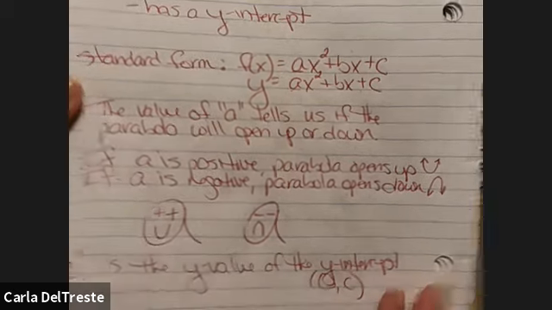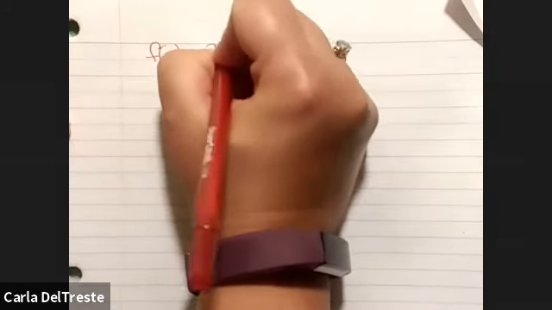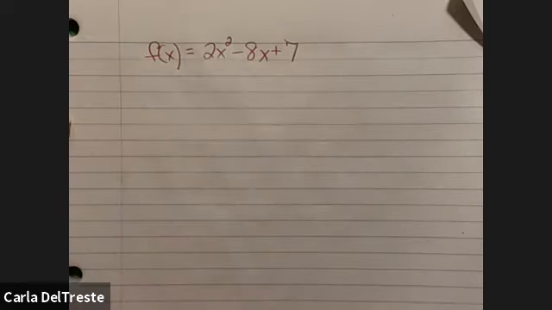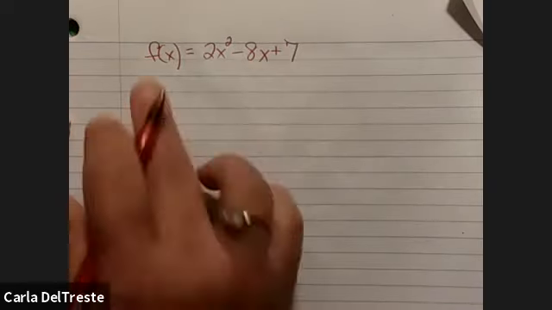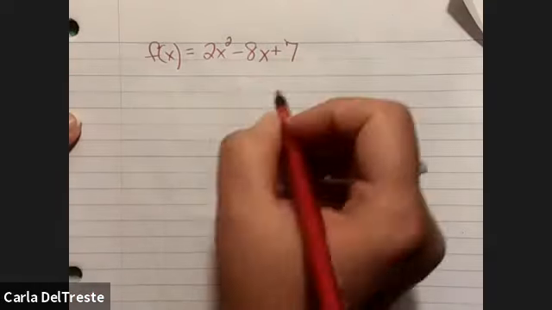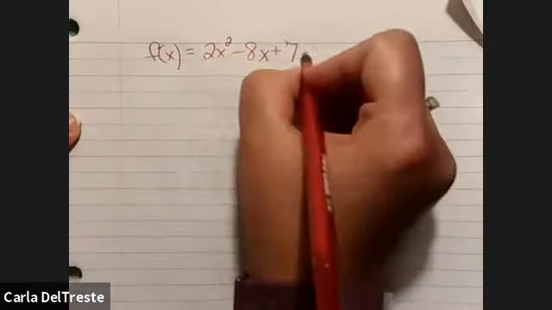So let's do a couple quick examples. Let's say we have f of x equals 2x squared minus 8x plus 7. What do we know just by looking at this quadratic? First of all, how do we know it's a quadratic?